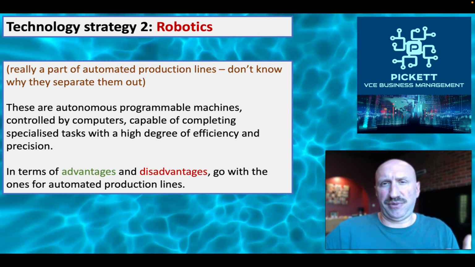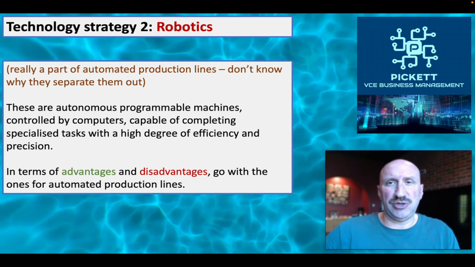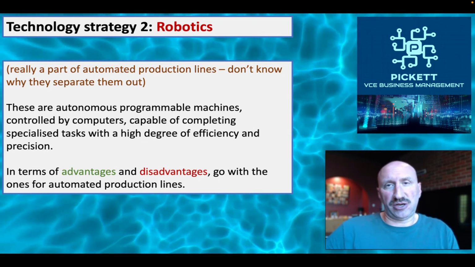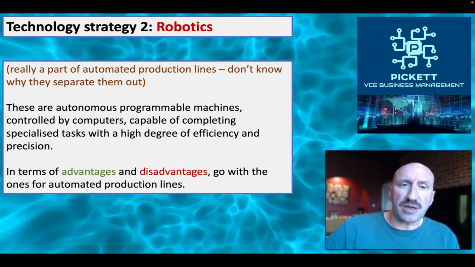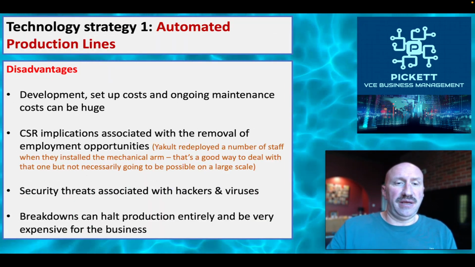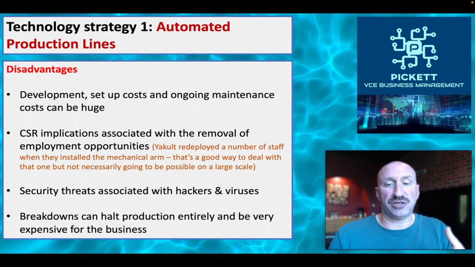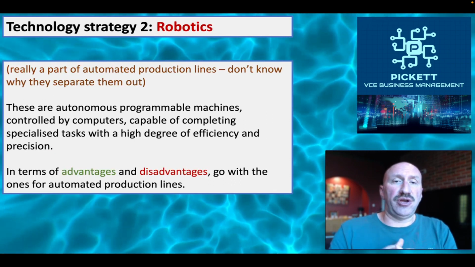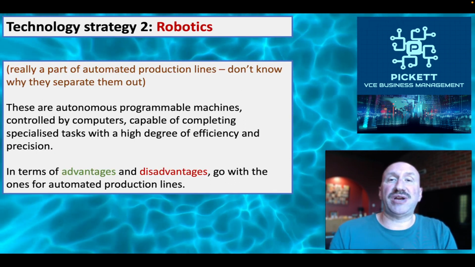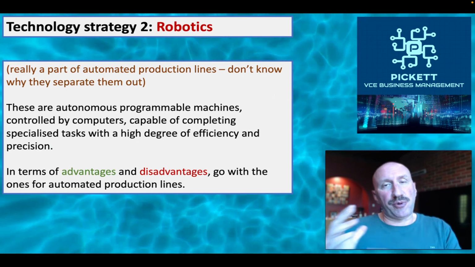And it was costing them something like $50 million per day every time that the production line was not running. So there is a really important, I think, key issue with automated production lines, the idea that breakdowns halt production entirely.